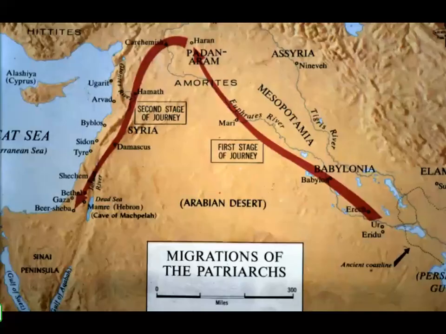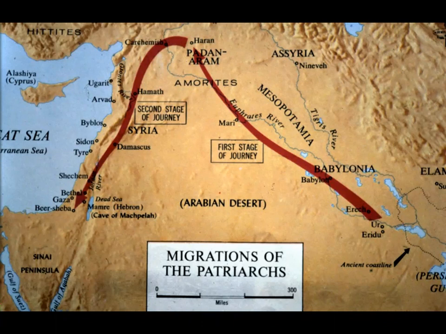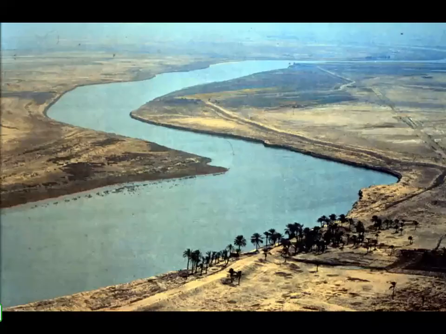But coming back to Abraham, Genesis 11 to 12 tells us that he migrated from Ur to Canaan. As indicated on this map, the journey involved two main stages. Ur to Haran in Syria was the first stage, and Haran to Canaan was the second stage. During the first leg of the journey, Abraham would have followed the river Euphrates.